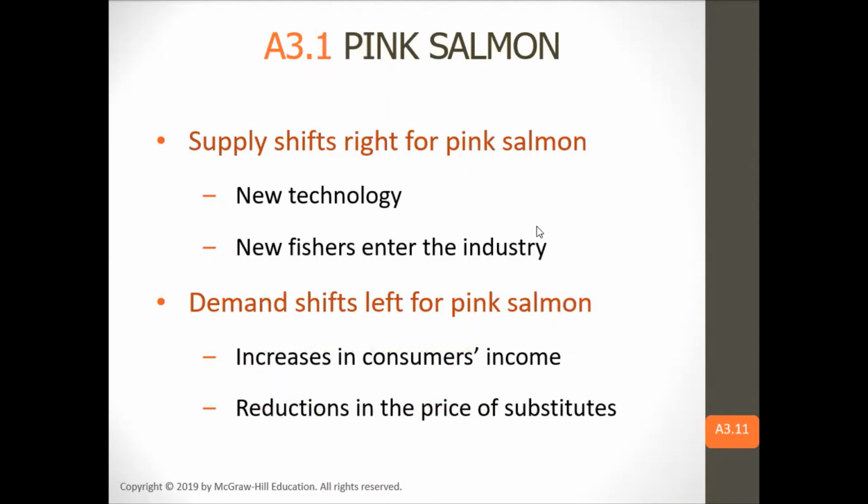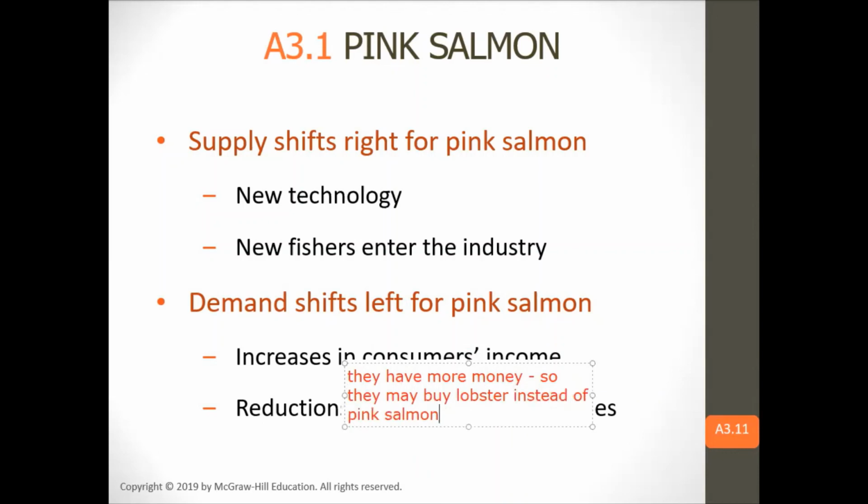So then supply shifts right for pink salmon. That means that there might have been new technology, new fishers entering the industry. Demand shifts left for pink salmon. There's an increase in consumers' income. They buy other products because they have more money. So they may buy lobster instead of pink salmon because they have more money.